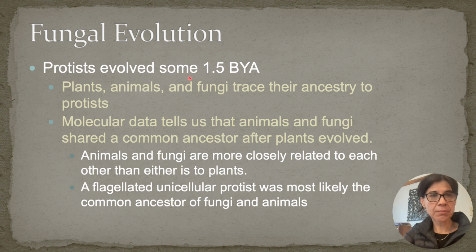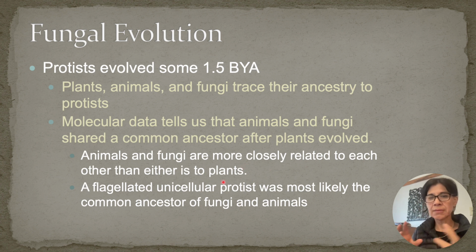Okay, so this is pretty important. Protists, we've talked about protists. They evolved about 1.5 billion years ago. And all of plants, animals, and fungi evolved from protists. How do we know this? Molecular data. And animals and fungi are actually more closely related to each other than to plants.